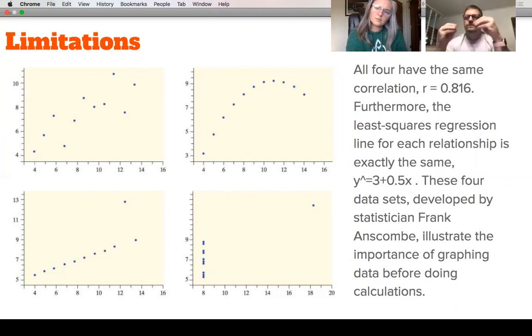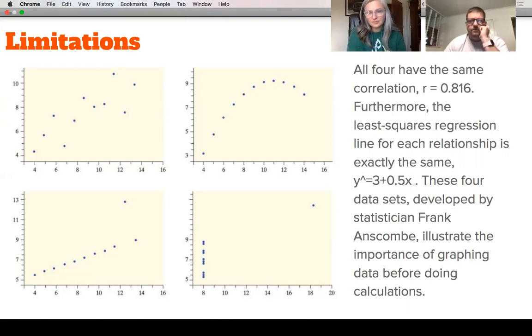They all yield the exact same regression, and they all have the same correlation, 0.816. I don't know how this man came up with this, but he must have been a genius. Believe it or not, if we did the regression on all 4 sets of data, we would get the same linear regression.